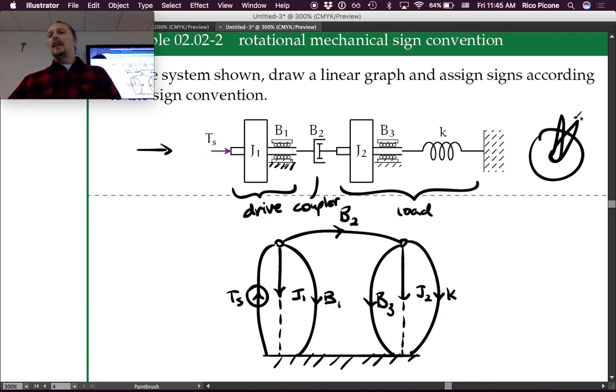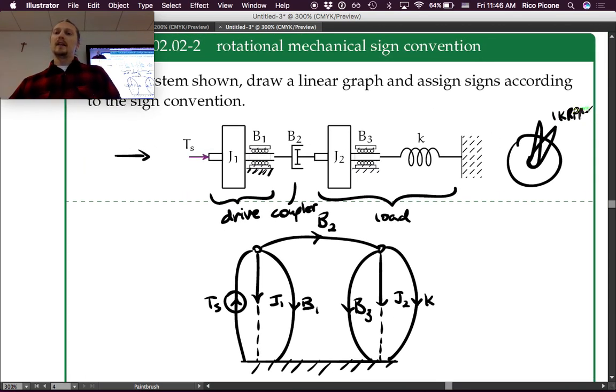So in equilibrium, this actually could be a speedometer, right? You would have to calibrate it, but in equilibrium you could say, oh, well, this is like 1,000 RPM or something. So it's an indicator of the speed.